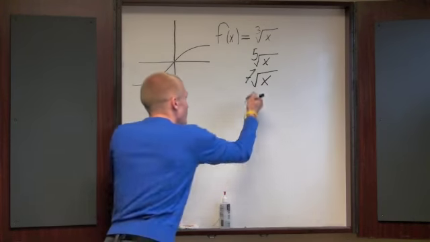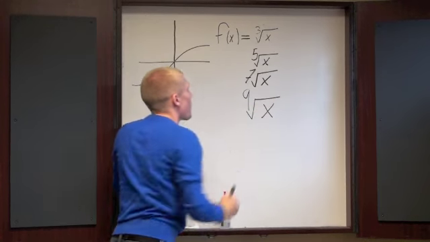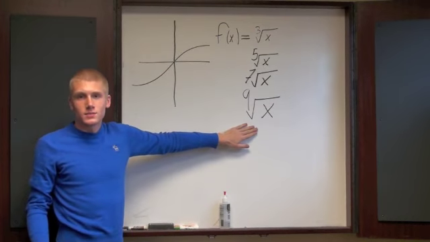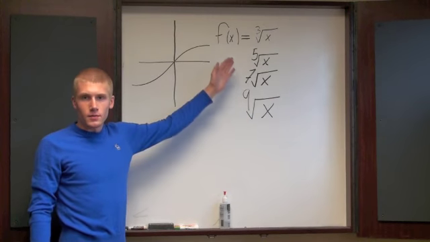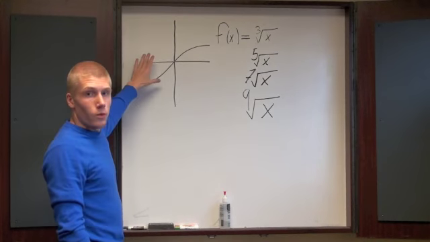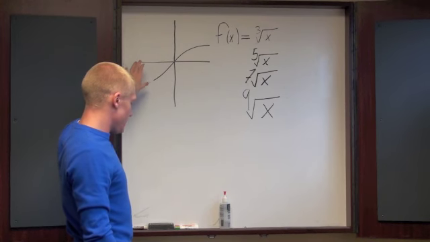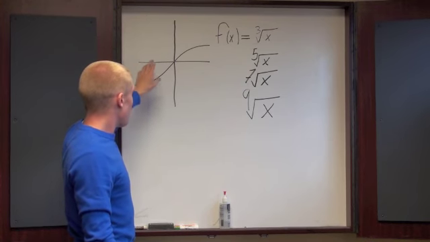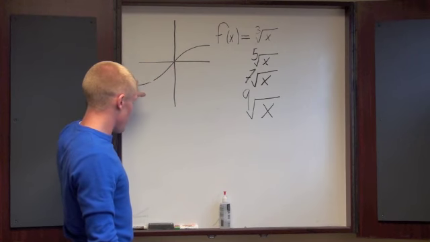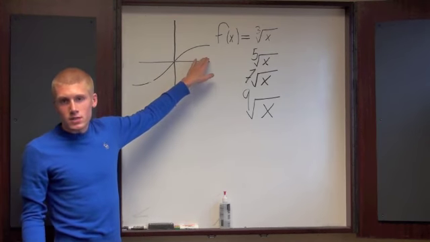One more, the 9th root of x. I hope you see the pattern going on here. So anyway, with this equation, at the vertical tangent the slopes of the secant lines approach either positive infinity or negative infinity from both sides. In this example, it's positive infinity.